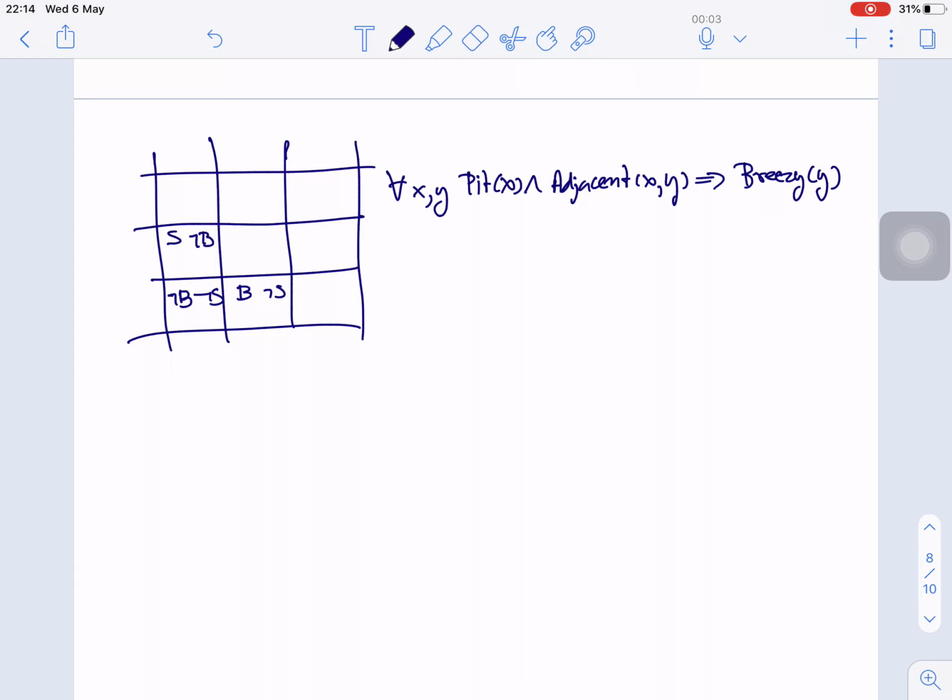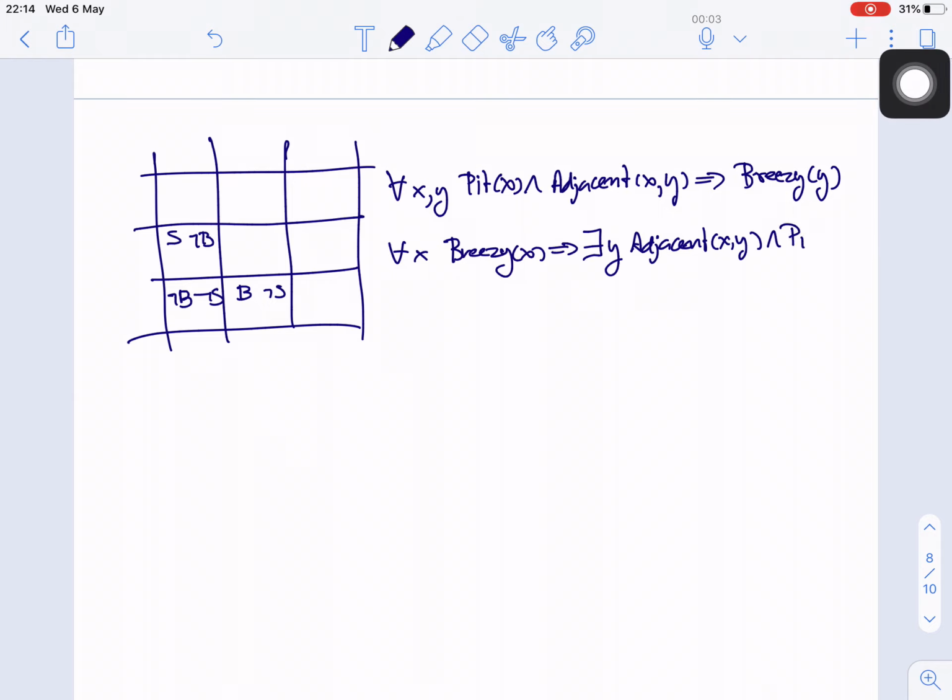And another rule is for all x, if x is breezy, then there is some y that is adjacent to x and y is a pit. There are two rules here, and we have smelly, right? Smelly at.